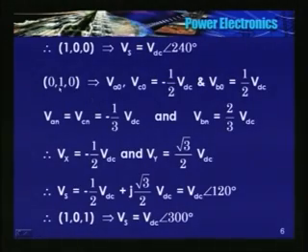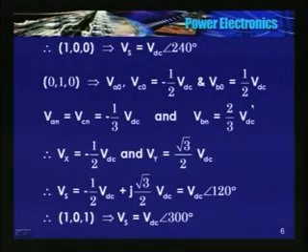So therefore VA0 equal to VC0, both upper devices are off, so the magnitude is minus half VDC, and VB0 is plus half VDC.